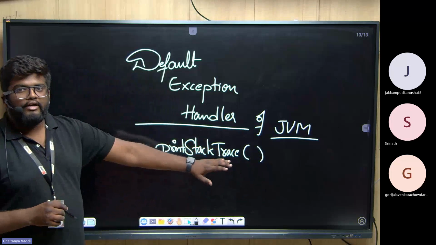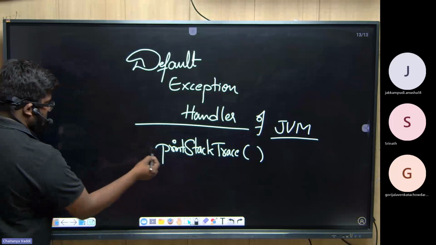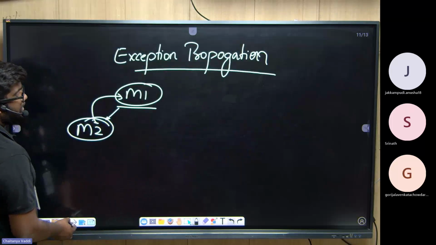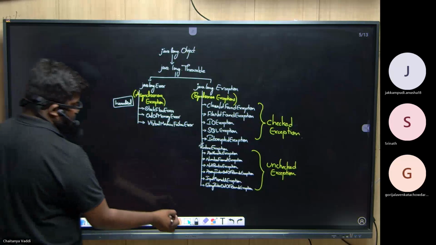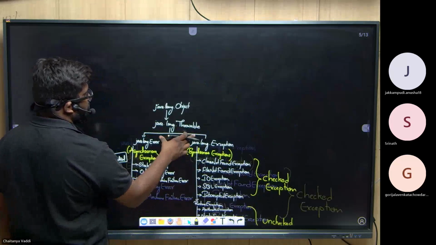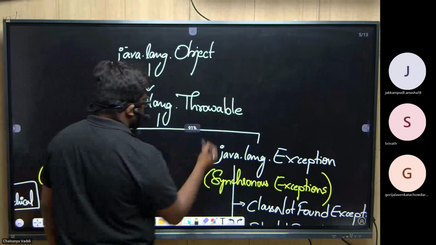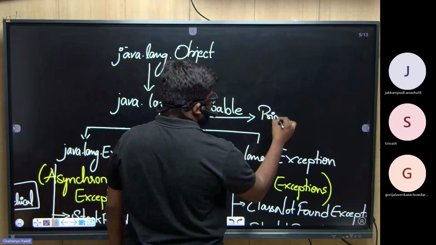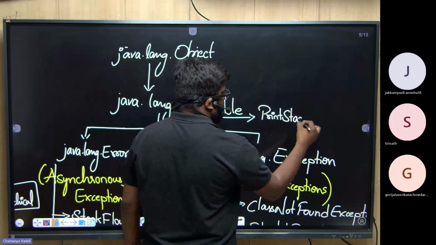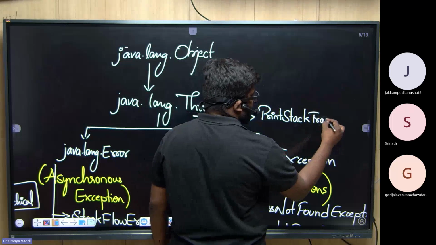This is a method that is going to be executed. But what is this method? It is a method present in the Throwable class. This class internally has the printStackTrace method.